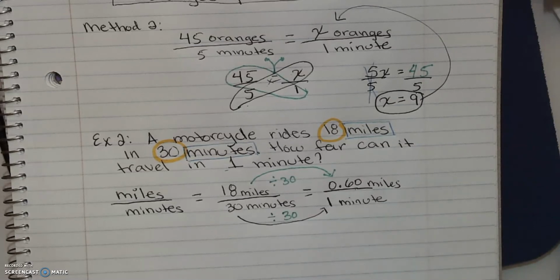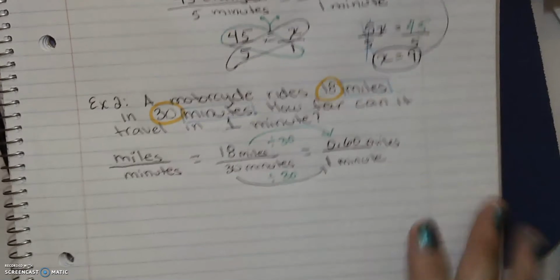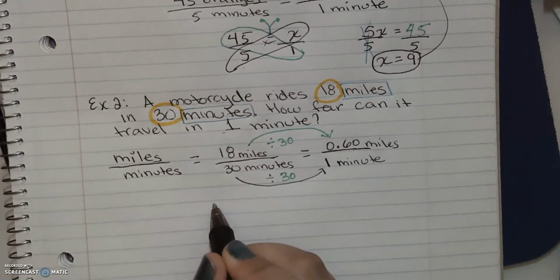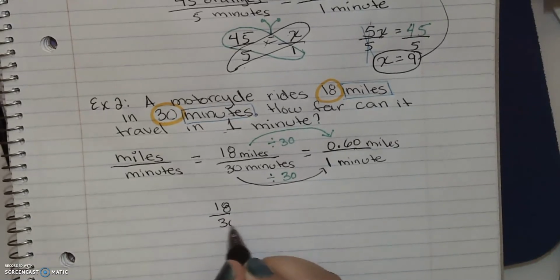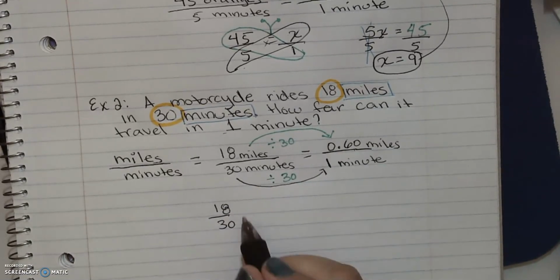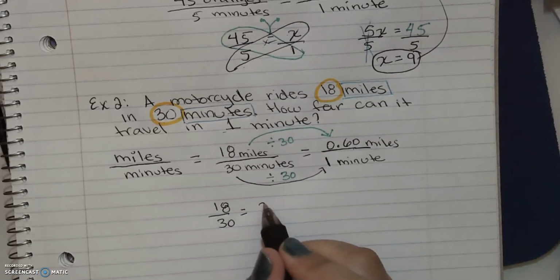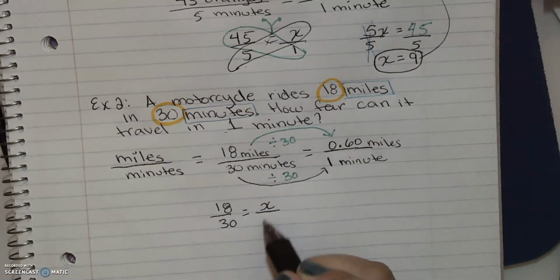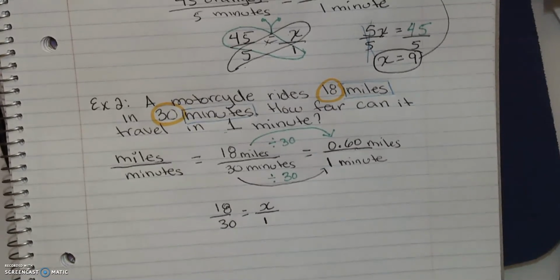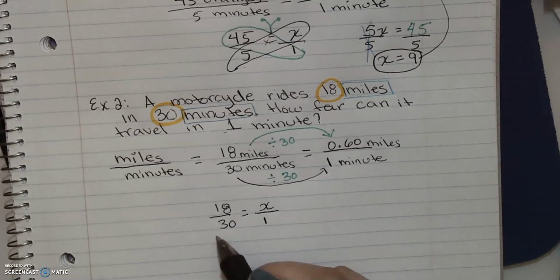Okay, now you could also do your cross multiply. Now, how would that look? Same information. You get 18, okay, over 30, because we already have this set up, equals, and since you don't know your miles, or at least you didn't know your miles, you could put x, multiply it by 1 over 1, sorry.